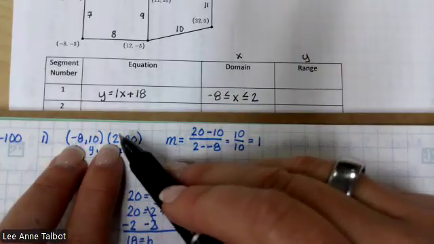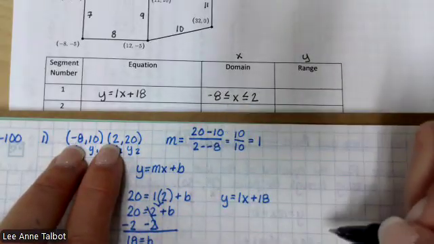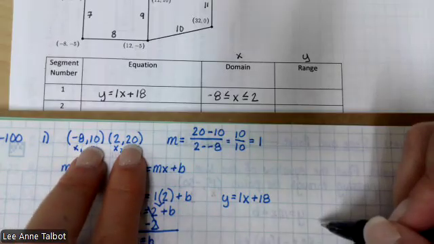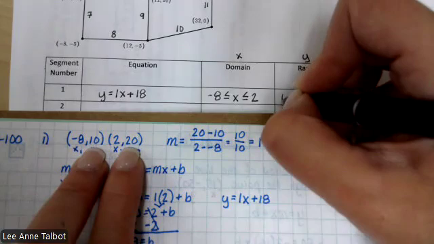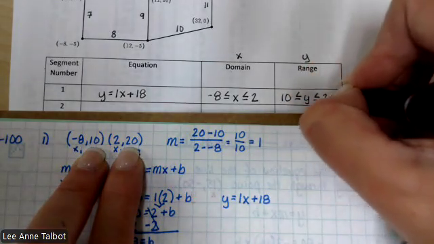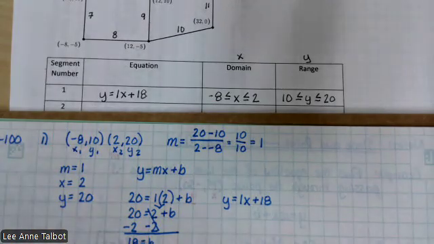Because -8 to 2 is least to greatest of the x's. Okay, then shift your hand over to the y's. Least to greatest. 10 is less than or equal to y is less than or equal to 20. And that line is filled out.